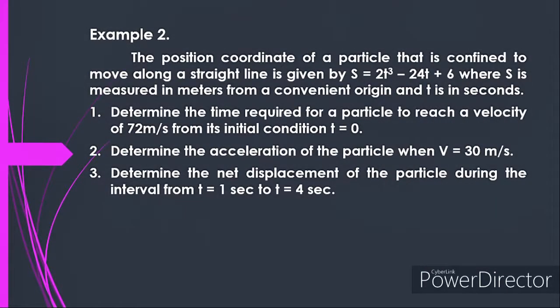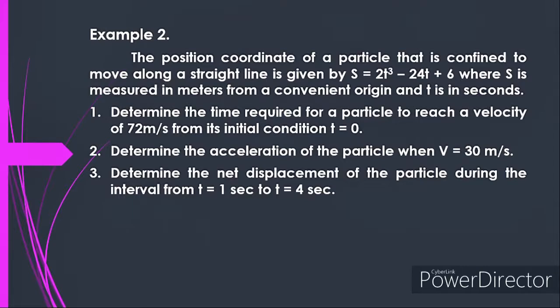The position coordinate of a particle that is confined to move along a straight line is given by S equals 2t cubed minus 24t plus 6, where S is measured in meters from a convenient origin and t is in seconds. So, question number 1.